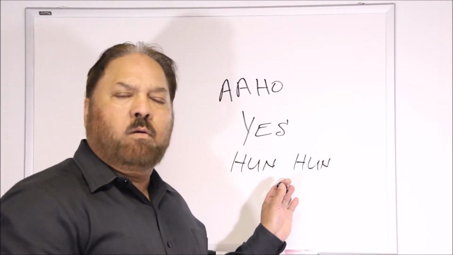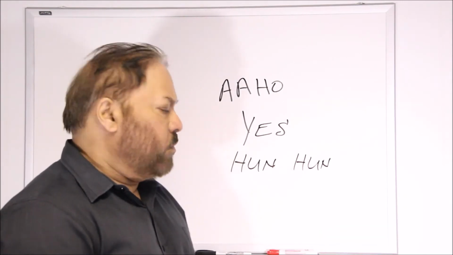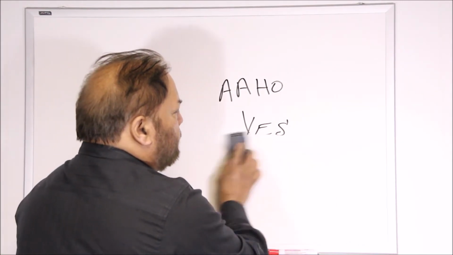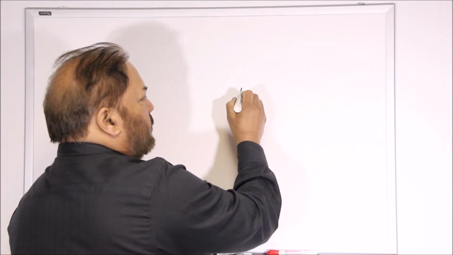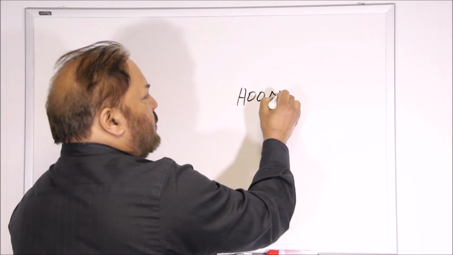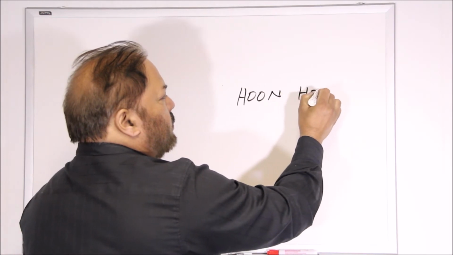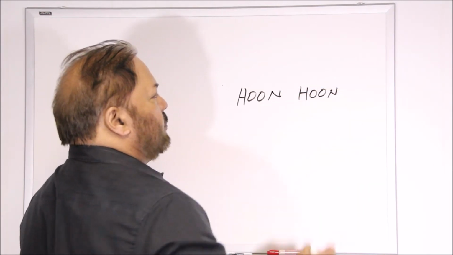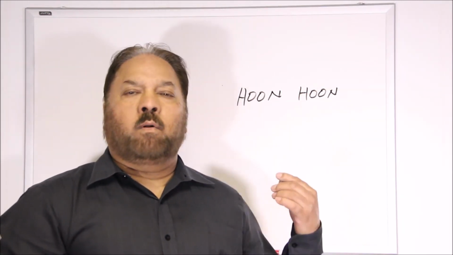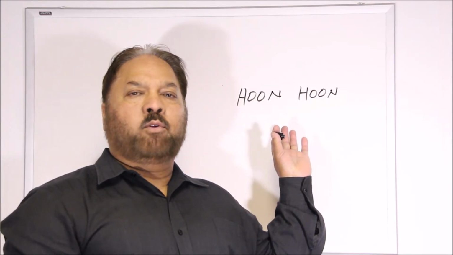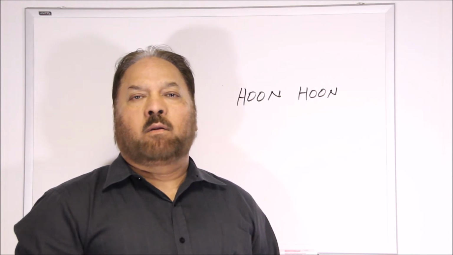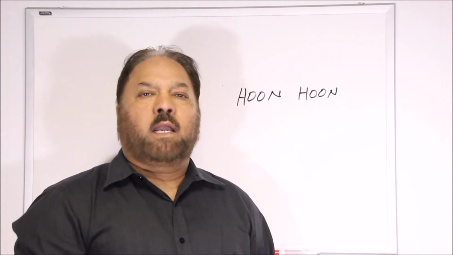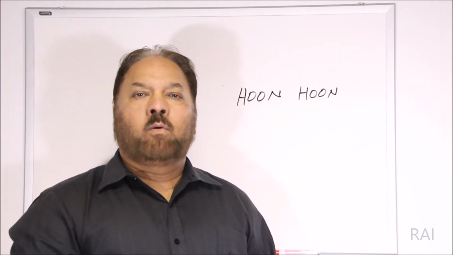This looks like hun, but I will say hoo, or I can write it down like this. Actually, written in Punjabi like this, we will say hoon, not hun. It will be pronounced hoon.